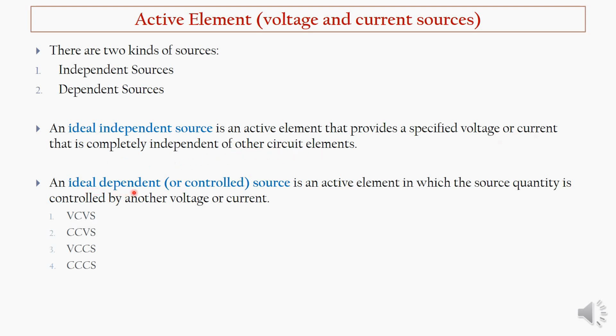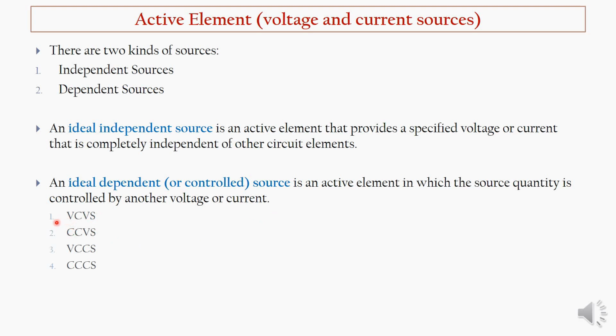An ideal dependent source is an active element in which the source quantity, either voltage or current, is controlled by another voltage or current.